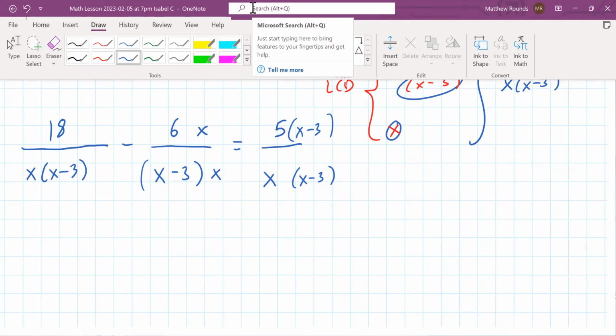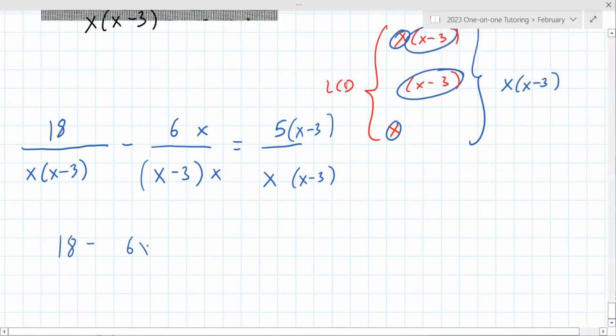I got negative x equals negative, what's that? 33. Yeah, the negative 6x though, that goes with it.